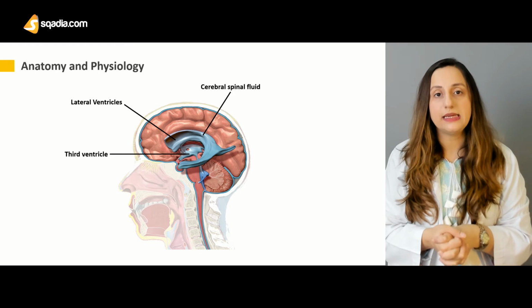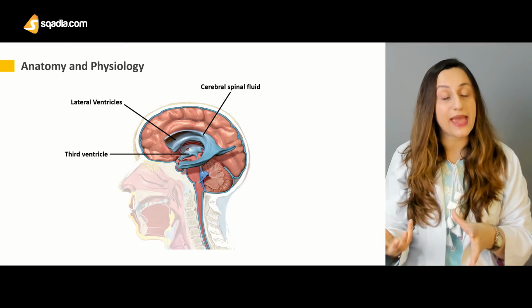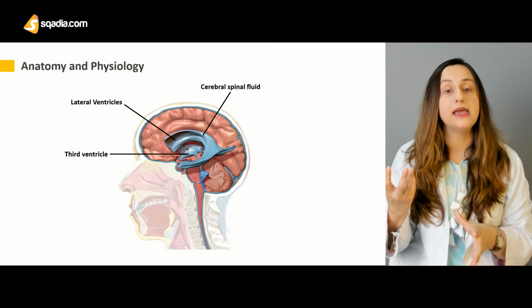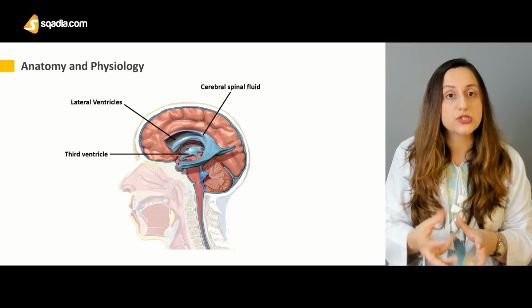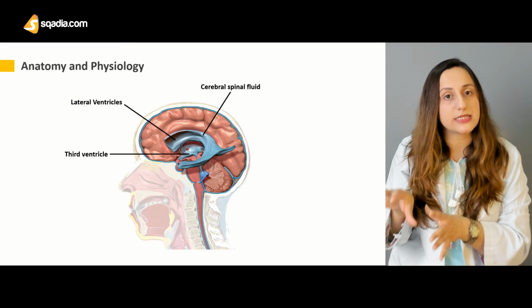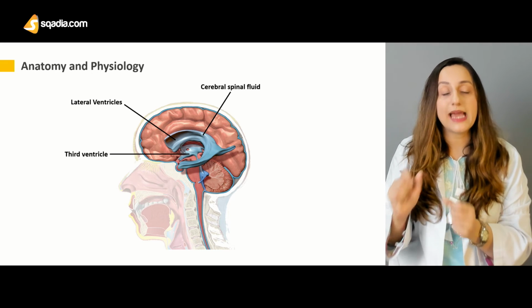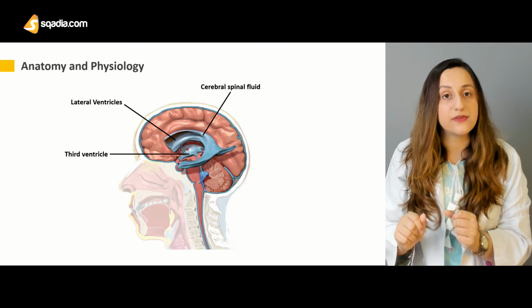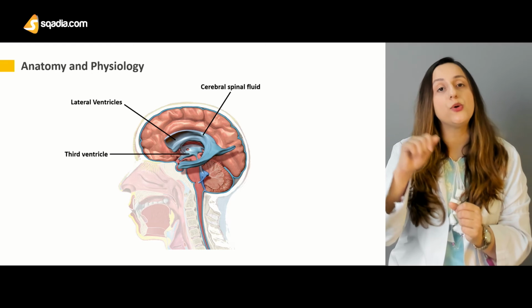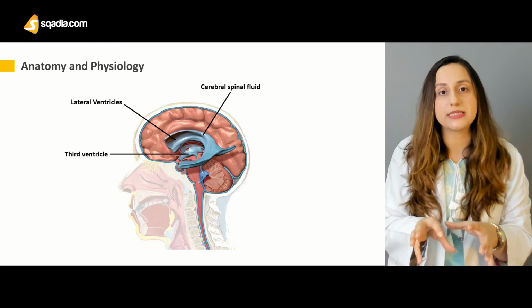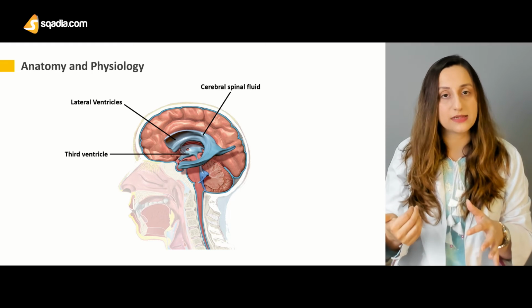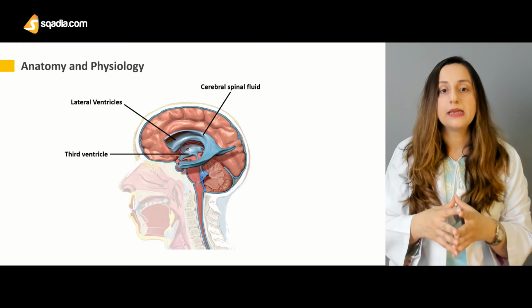And carbonic anhydrase is the enzyme that is responsible for the formation of the CSF. So if you want to stop the production of the CSF, one of the ways is that we start giving acetazolamide, which is going to inhibit carbonic anhydrase and stop the production of the CSF. So it's one of the mechanisms that you can remember.